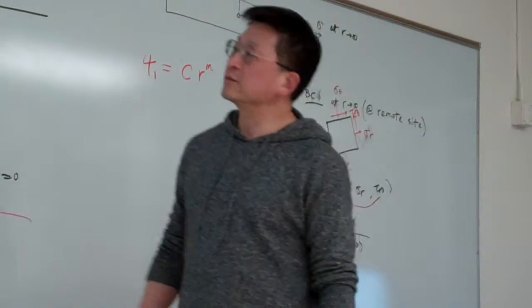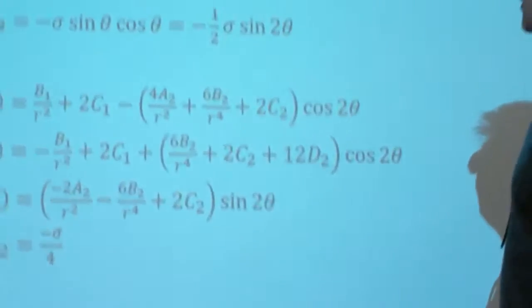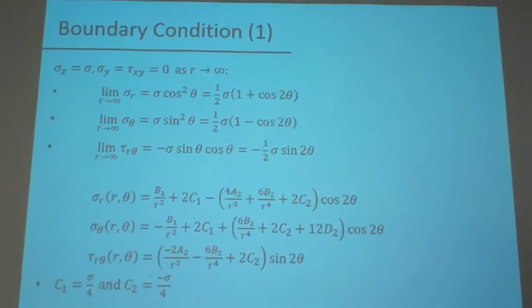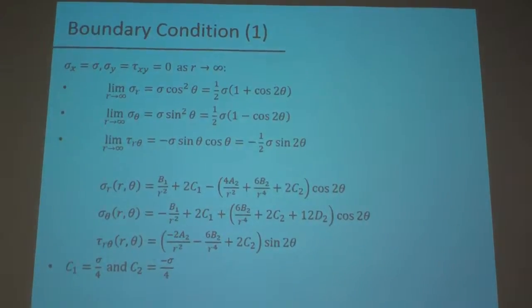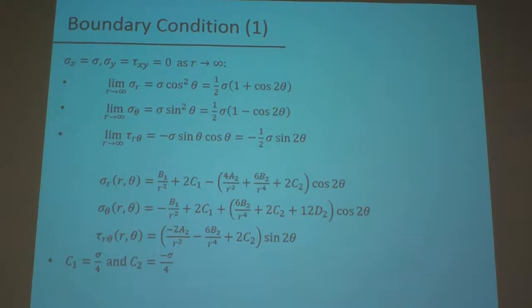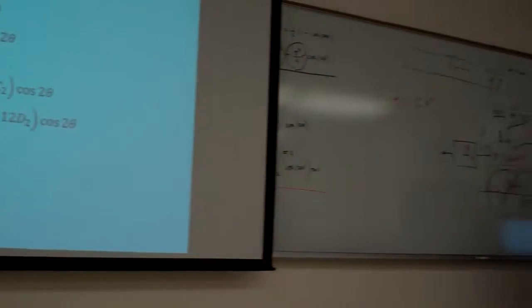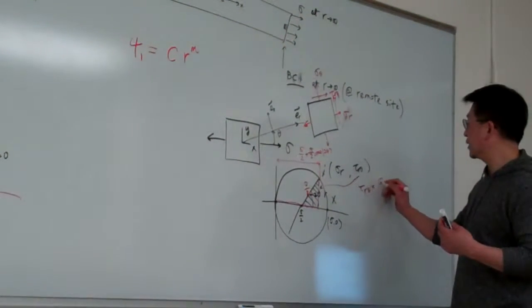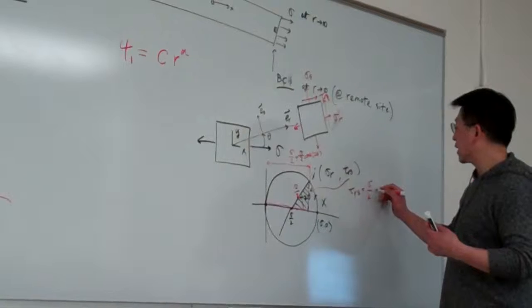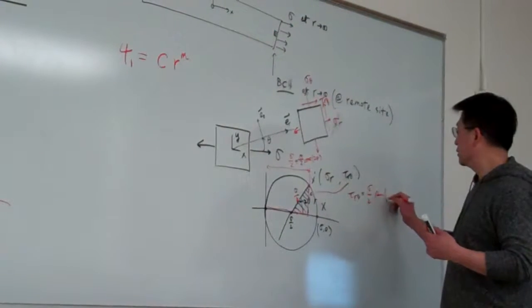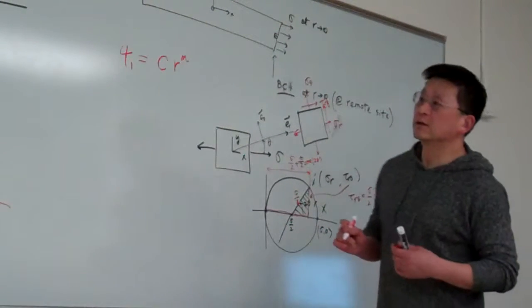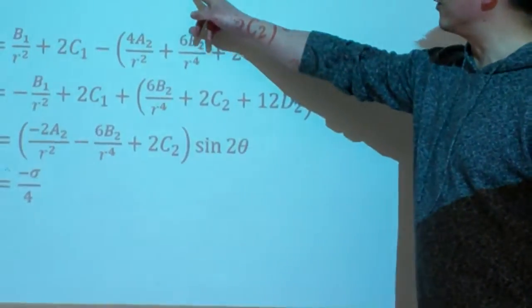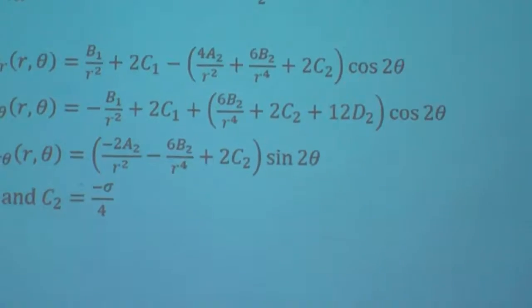So tau r theta equals the radius times sine 2 theta, something like this, and here I have a minus.